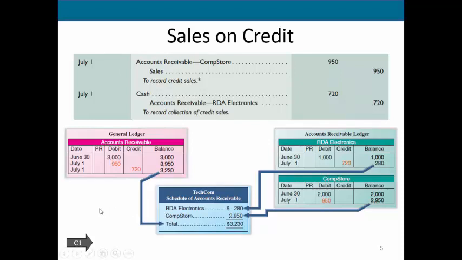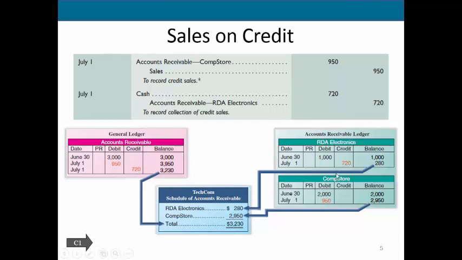As I mentioned, we'll have one general ledger account, and that's for the overall accounts receivable, and whatever the ending balance in accounts receivable is at the end of a period, that's what's going to show up on your actual balance sheet. But then we can look here and you have some additional information. We have the specific ledgers for our various customers.